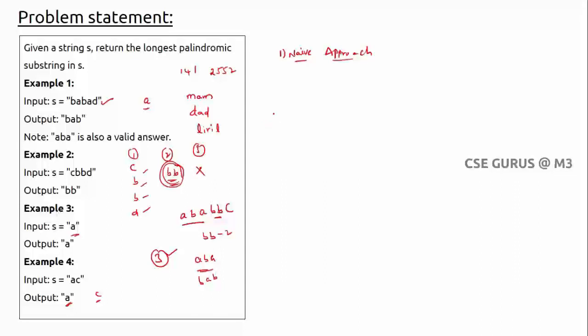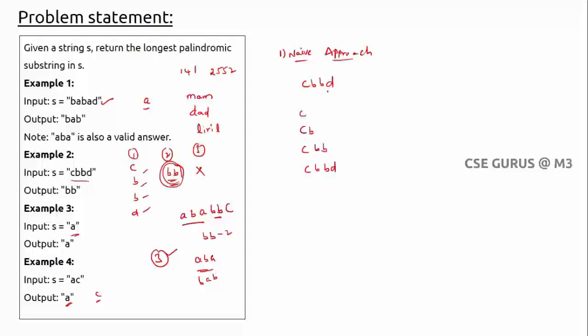What is the complexity of this? Let us take CBBD as an example. The substrings are C, CB, CBB, CBBD.